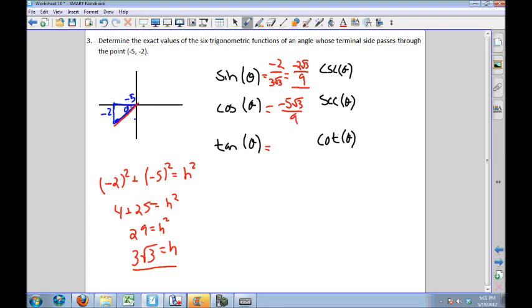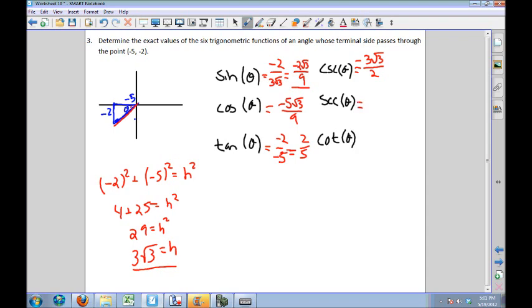Tangent, opposite over adjacent, so that's -2 over -5, which simplifies out to just 2/5. And then each of my reciprocal functions is the reciprocal of the values I just found. So that will be root 29 over negative 2, or negative root 29 over 2.